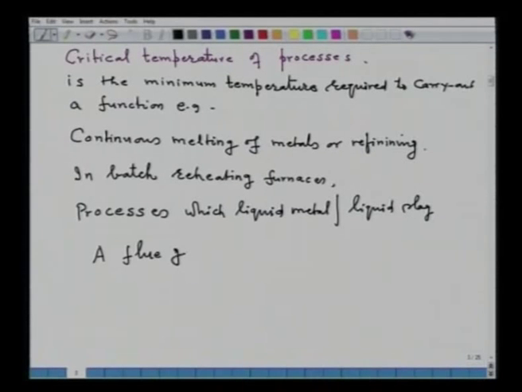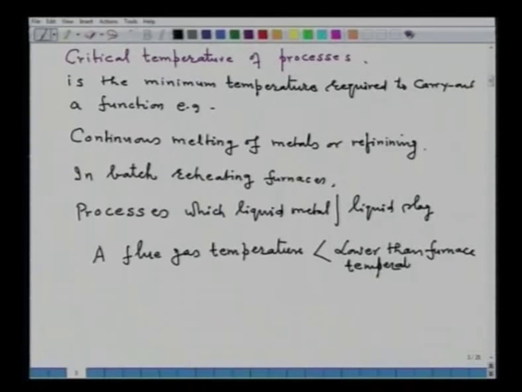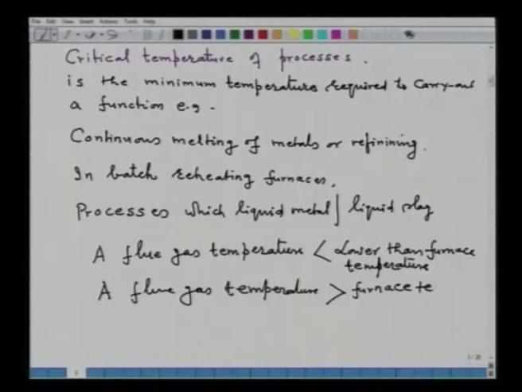A flue gas temperature lower than furnace temperature, or a flue gas temperature greater than furnace temperature, or a flue gas temperature equal to furnace temperature.